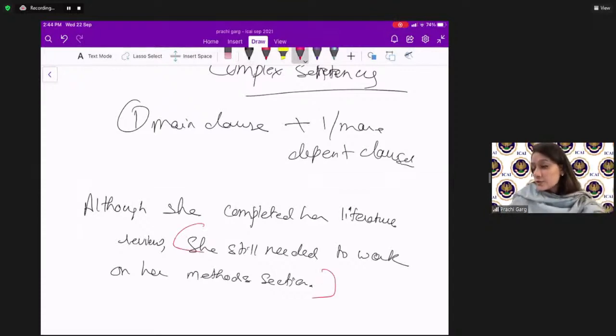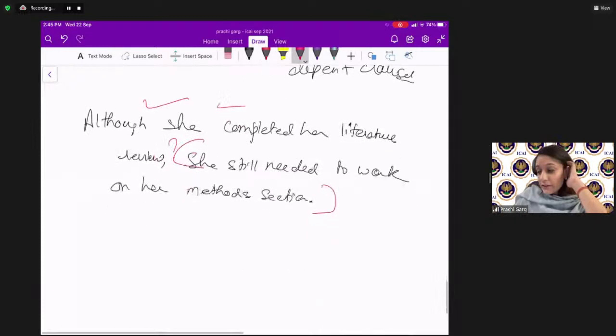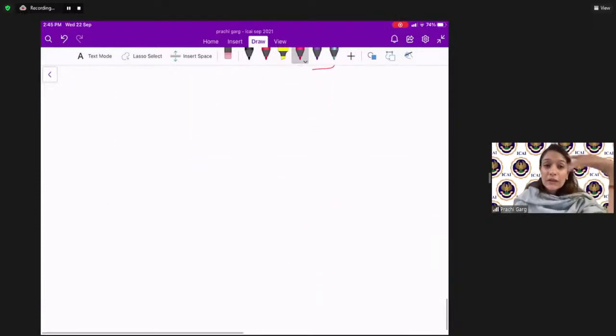She still needed to work on her methods section. This can survive alone, right? But although she completed her literature review, we don't understand what they are trying to say, right? So this is the dependent clause. So whenever there is a mix of dependent clause and independent clause, it becomes a complex sentence, right?